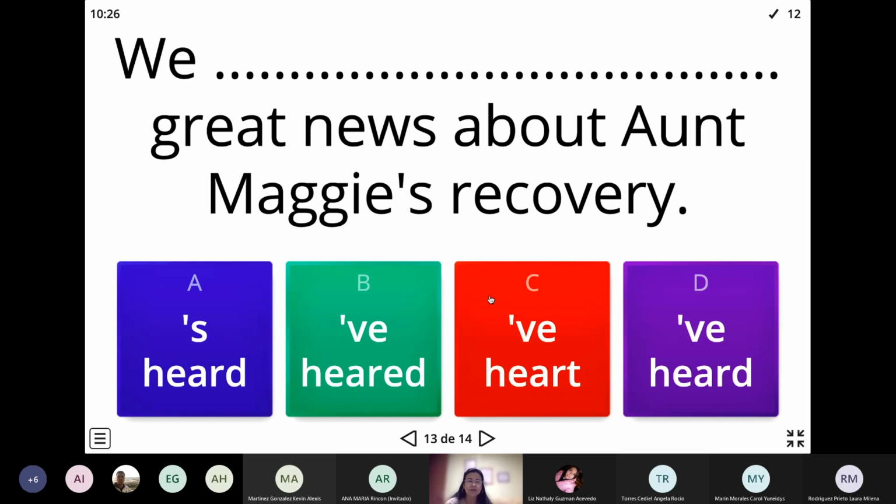We've heard, or we've heard, great news about Aunt Maggie's recovery. D. Very good. Can you read it? There is a boy who knows those verbs very well. Can you remind me your name? Kevin. Kevin, very good, congratulations. We've heard, and we pronounce we've, okay? That contraction is pronounced we've. If there were no contraction, we would say we have. When it is not the contraction, we have heard.